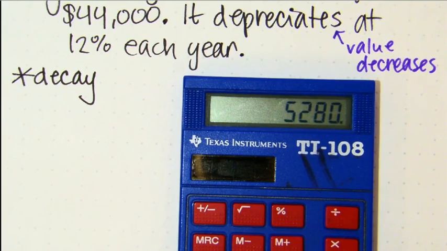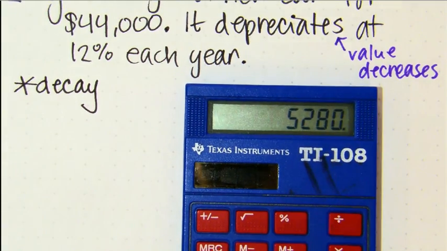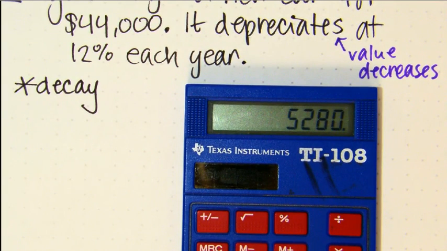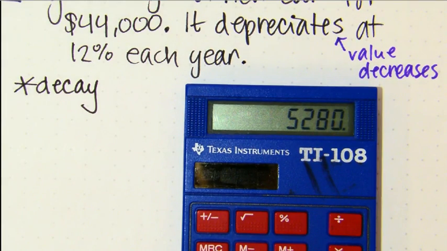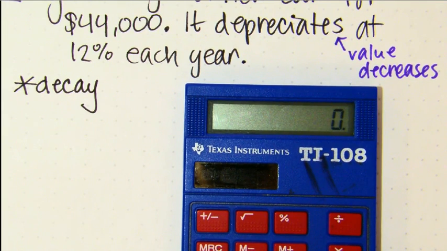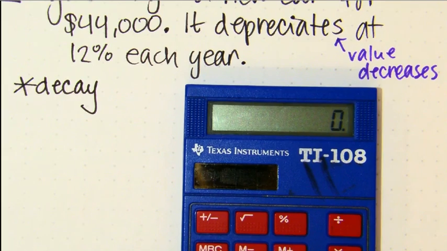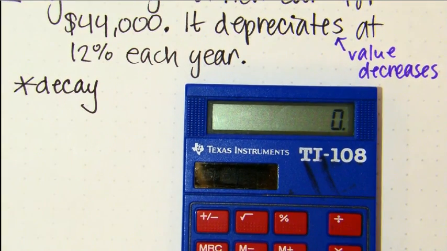But 5,280. So it wouldn't be that it's now worth 5,280 after the year. No, that's how much it decreases, right? So I have to subtract that from the 44,000 to get what it's worth. So instead of doing all that work, that's why we have the 1 minus the rate. 1 minus 12% is 88%, right?